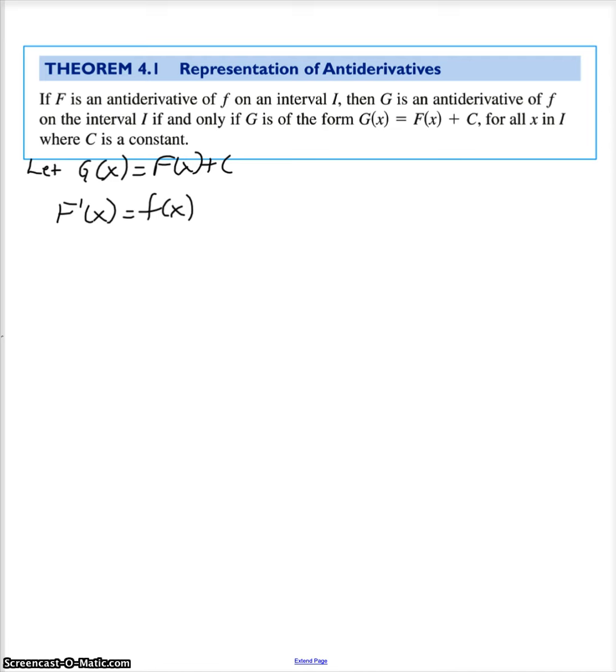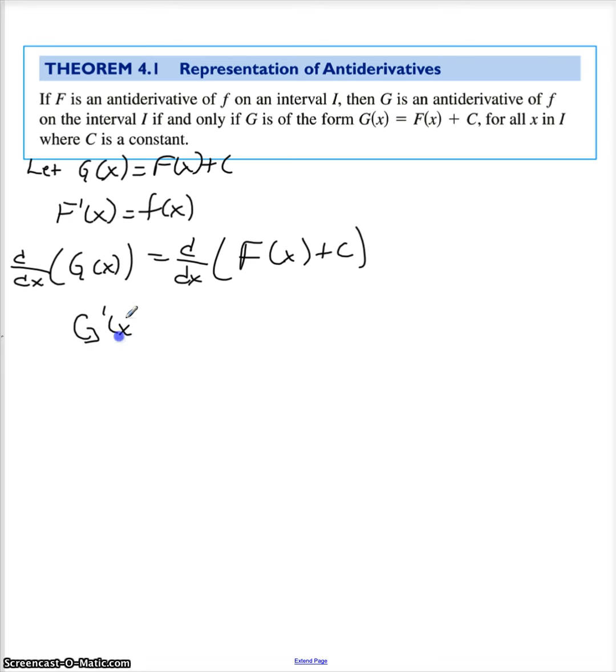Then I'm going to take the derivative with respect to x of G of x, and what you do to one side, you have to do to the other side. Oh, my pen. All right, so this is G prime of x is equal to F prime of x, and the derivative of a constant is always 0.